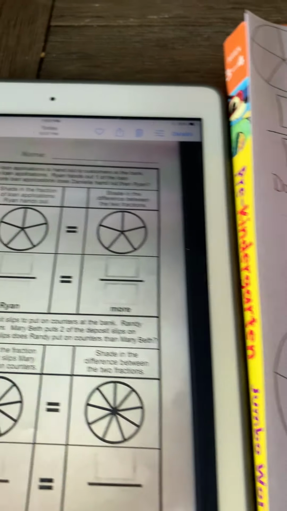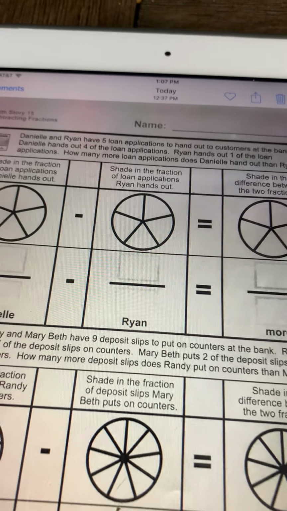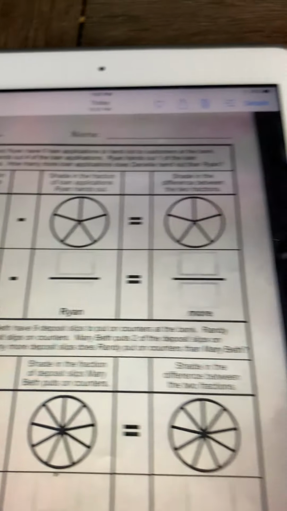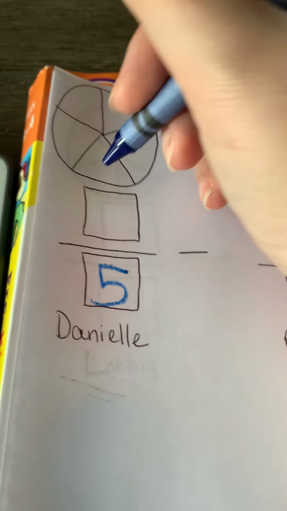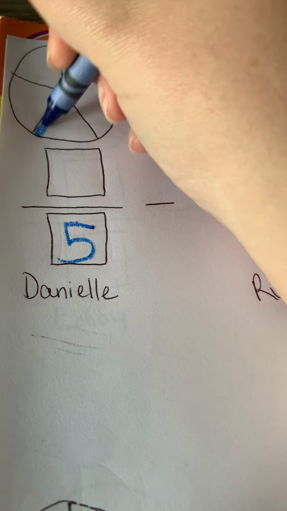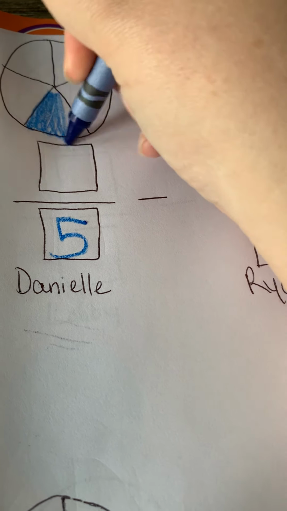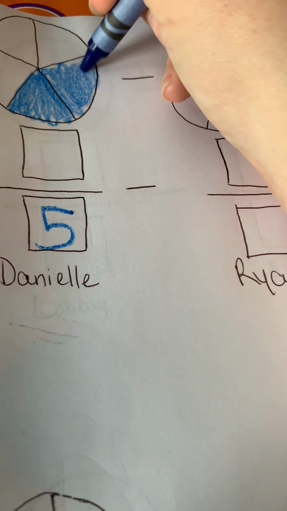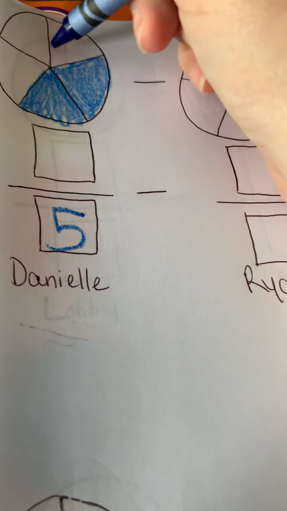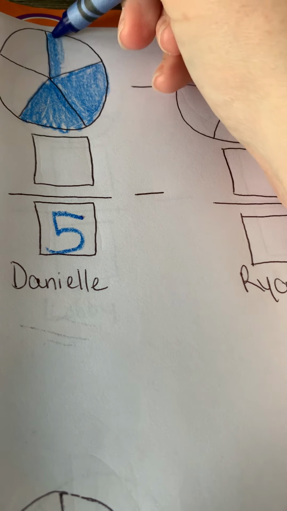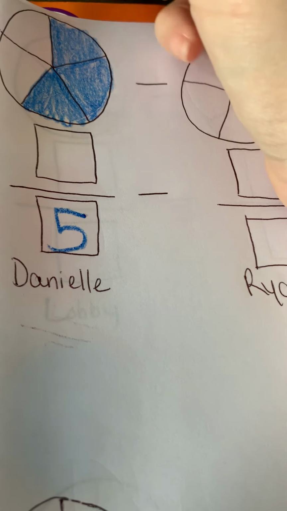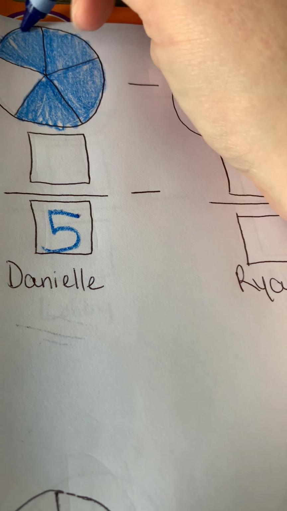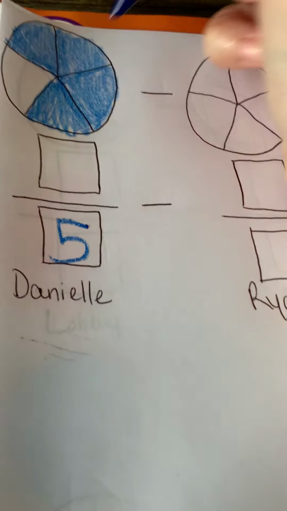And now we have to find out how many of the loan applications that Danielle handed out. Danielle handed out 4 of the loan applications. So we still are going to color in 4. 1, 2, 3, 4.